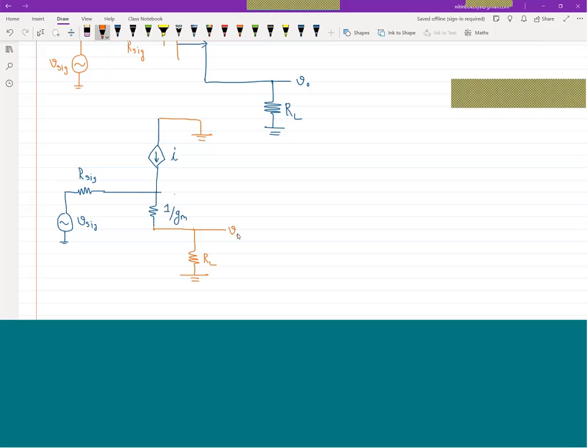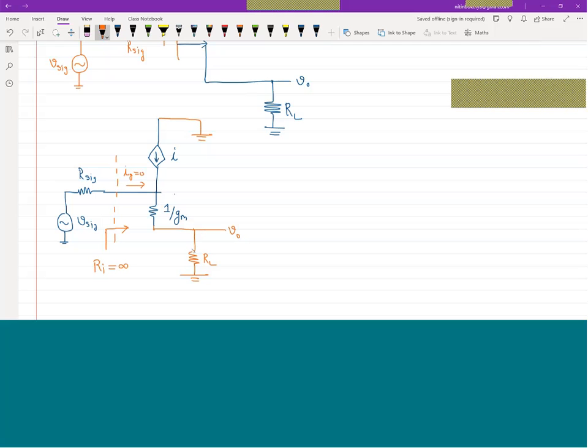So what is input resistance? There is no connection, because this current is always equivalent to 0, or very less. So this is 0. So we can say the value of Ri for the circuit is equivalent to infinite. What is the value of output resistance?